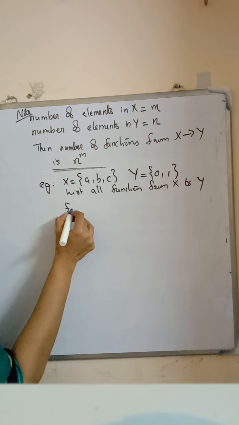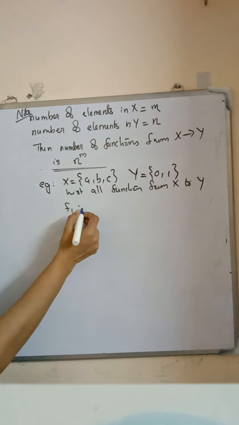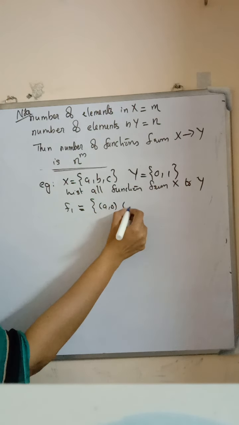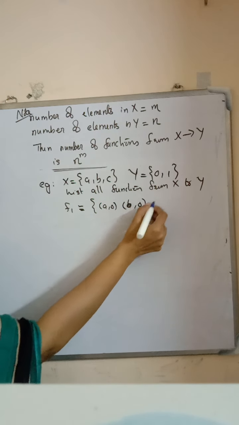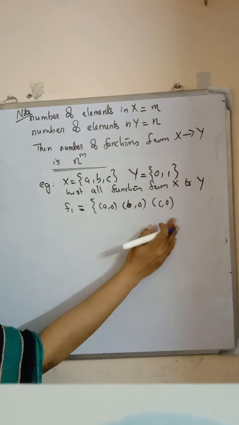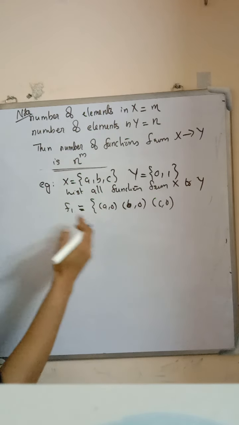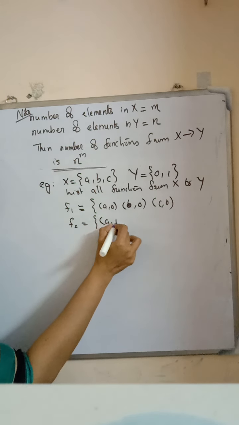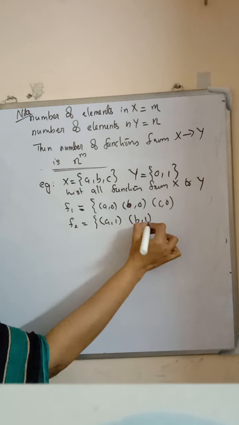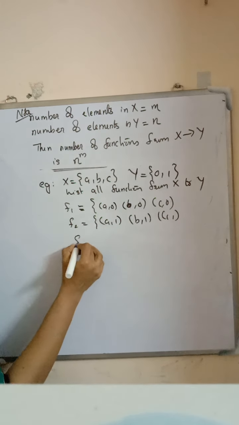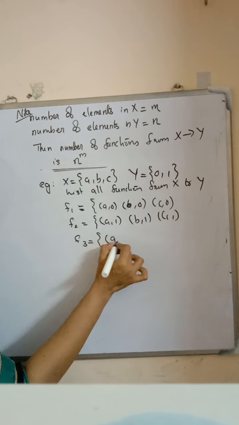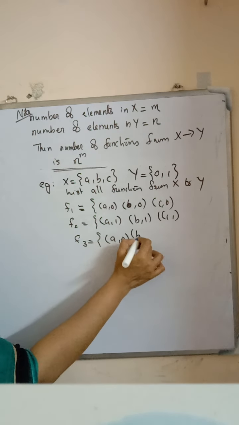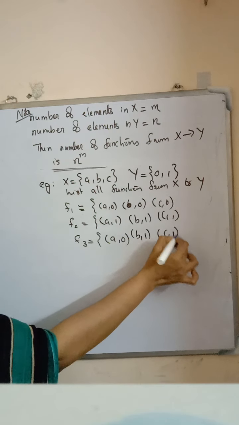The first function is f1 equals the set {(a,0), (b,0), (c,0)}. It's a function, since every element in the set X has a unique image. f2 is the set {(a,1), (b,1), (c,1)}. Next f3: a maps to 0, and the other elements map to 1.